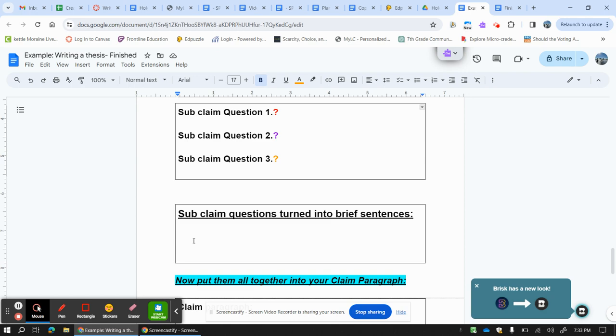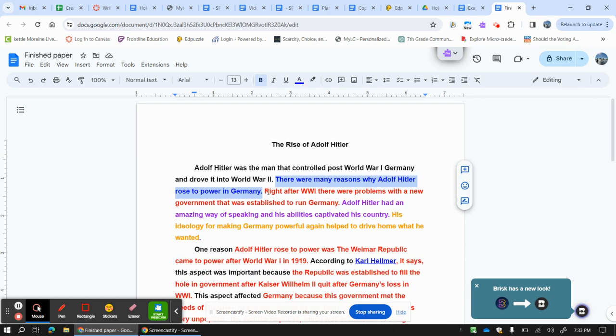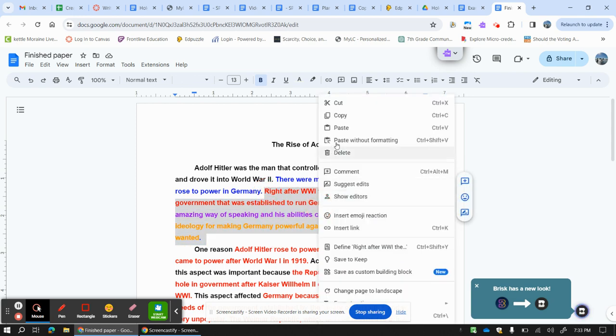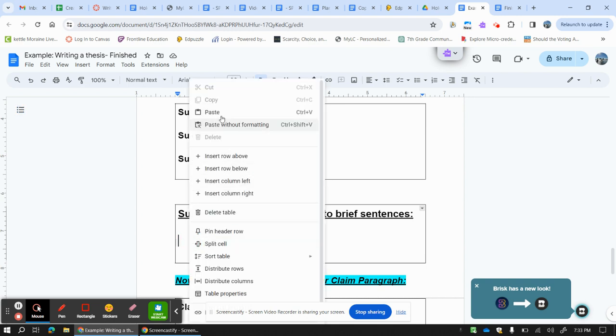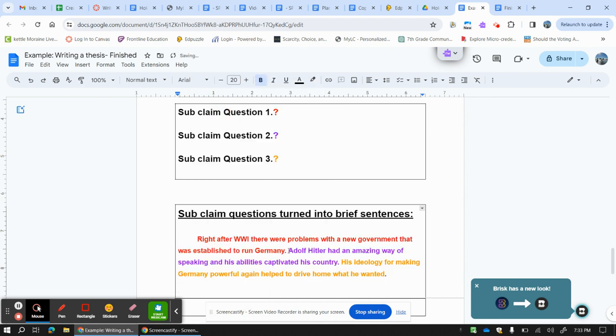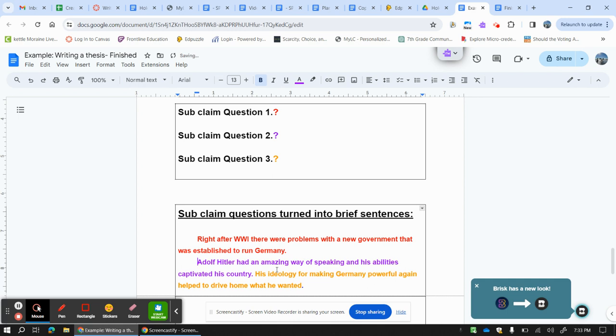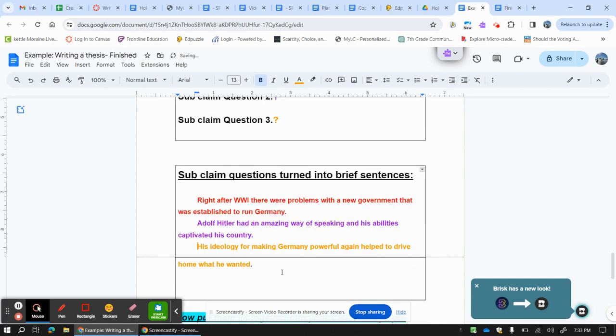So now I'm going to go down here and turn them into vague sentences. So I'm going to go right here and grab and turn these into vague sentences. So I have my first vague sentence and I have my second vague sentence, okay?